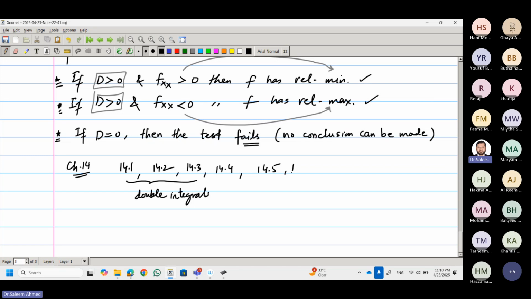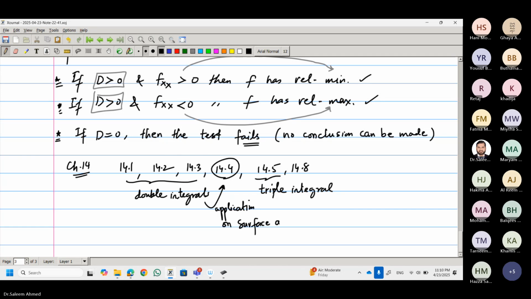This 14.5 was a triple integral. And this is the application of double integral to surface area, right? Application on surface area in 14.4, right? This one.